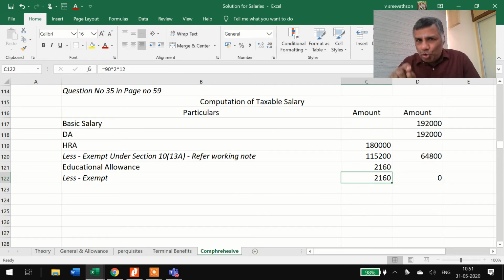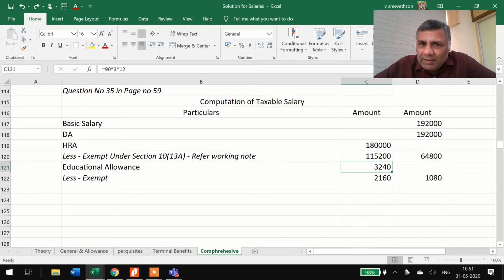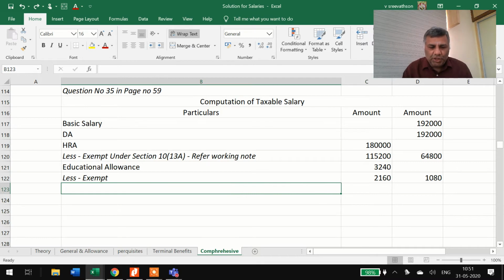So when the amount received per child is less than 100, that can only stand exempt. So the exempt amount is 2,160, leaving you with a taxable component of 1080.